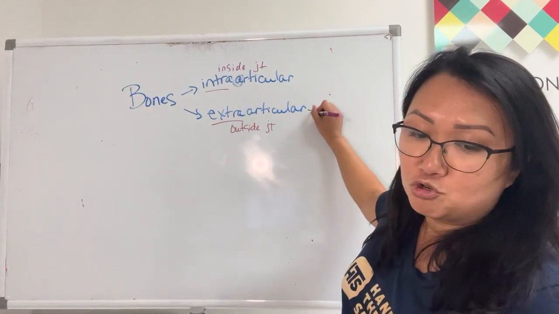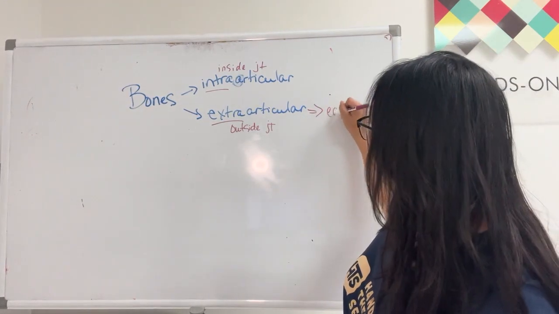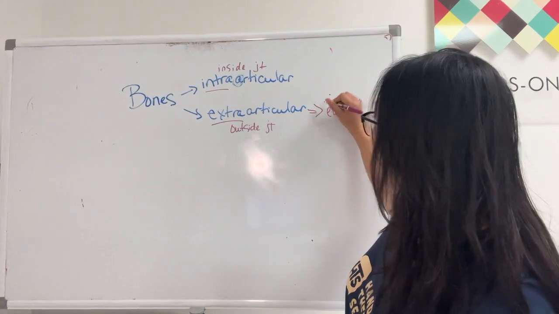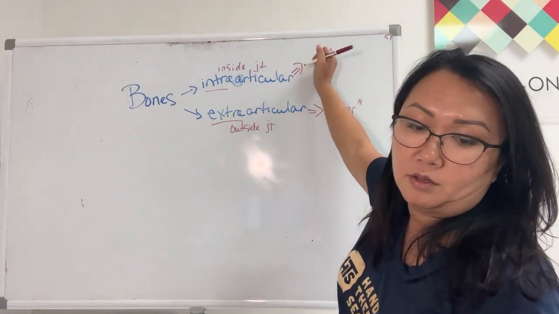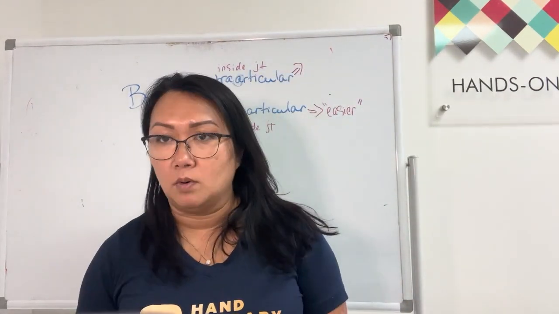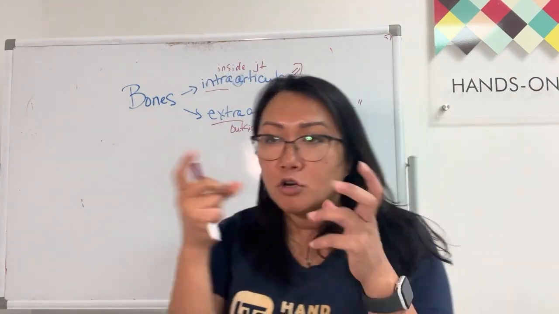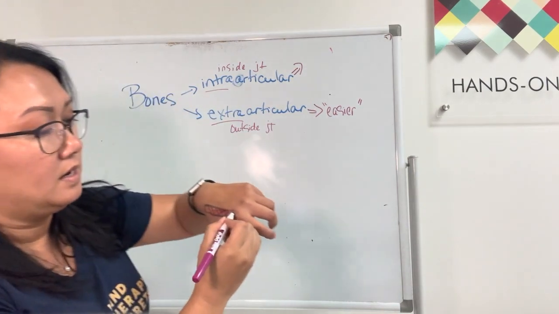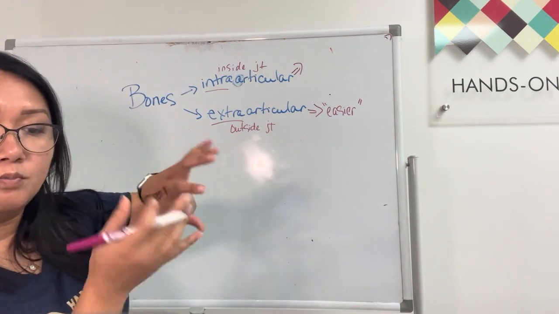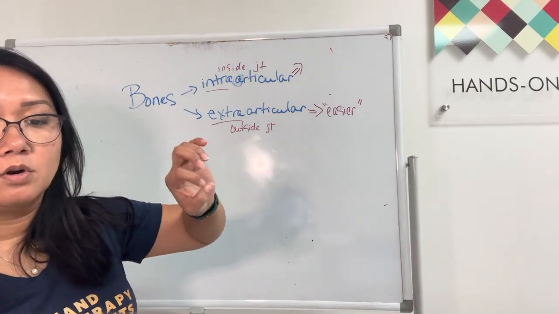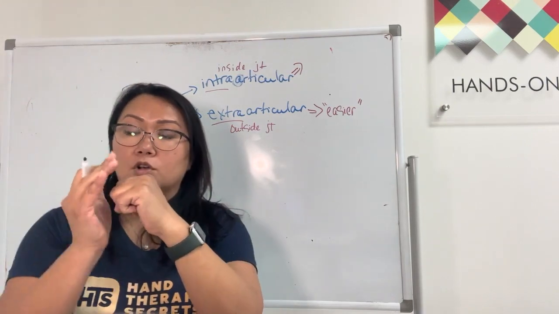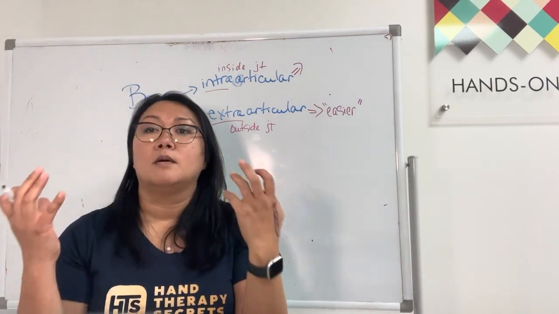The reason why you want to always keep these things in mind is because extra-articular types of fractures tend to be, quote-unquote, easier. Intra-articular is less predictable. Why? Because structurally you've now broken inside the joint. You've broken inside that articular cartilage, and so now the congruency of your joint may be lost.